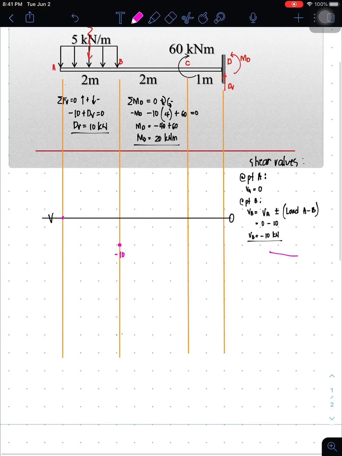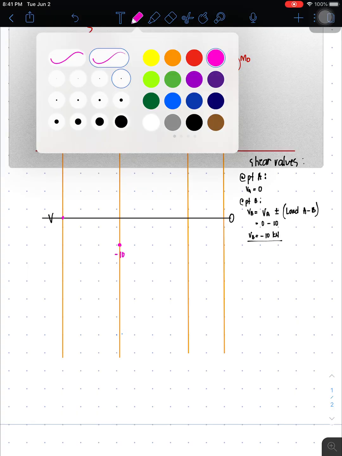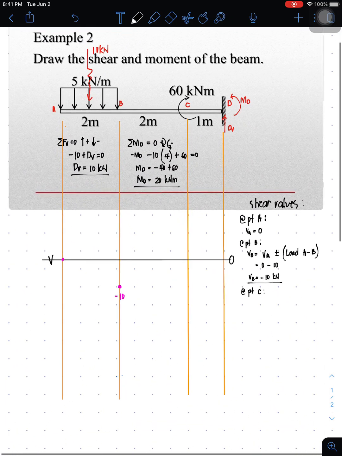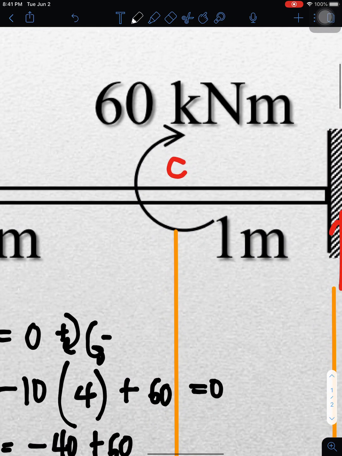Next, we are going to plot now at point C. So we'll plot VC for point C. Evaluate. At point C, what we see is not a concentrated load but a rotational load. Meaning to say, we will not reflect it in the shear diagram, because this is a moment load, so it goes to the moment diagram. Therefore, there is no concentrated load.